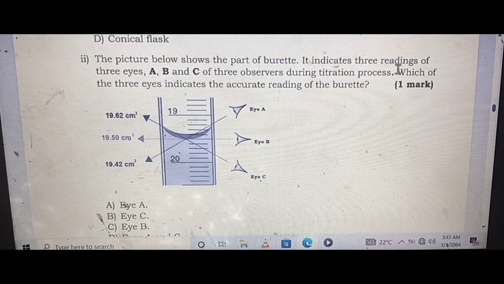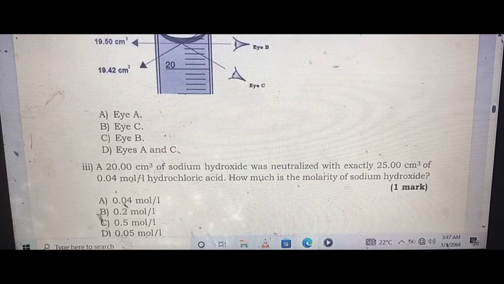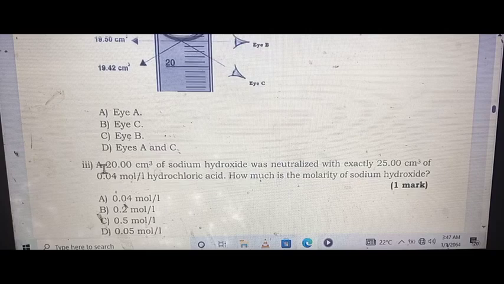It indicates 3 readings A, B, and C of 3 observers during the titration process. Which of the 3 eyes indicates the accurate reading of the burette? The correct answer is letter C.